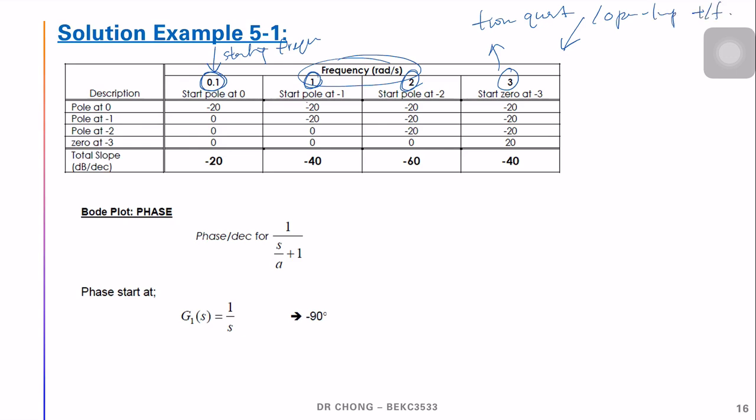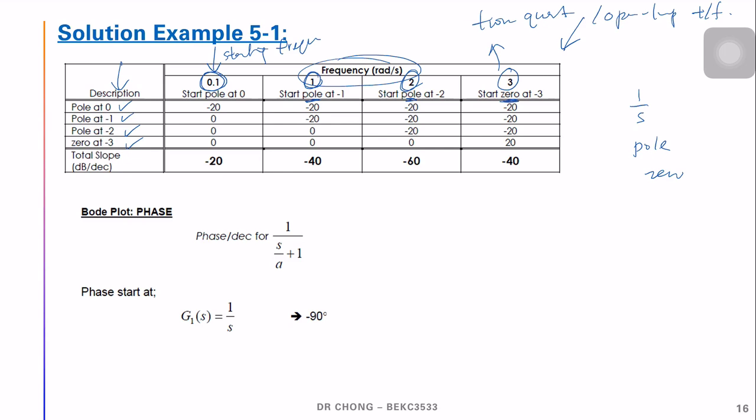We know that this is the pole and this is the zero. Then for the description, because you have 1 over s, you have the poles and the zero. So the poles are at 0, -1, -2, and the zero at -3.